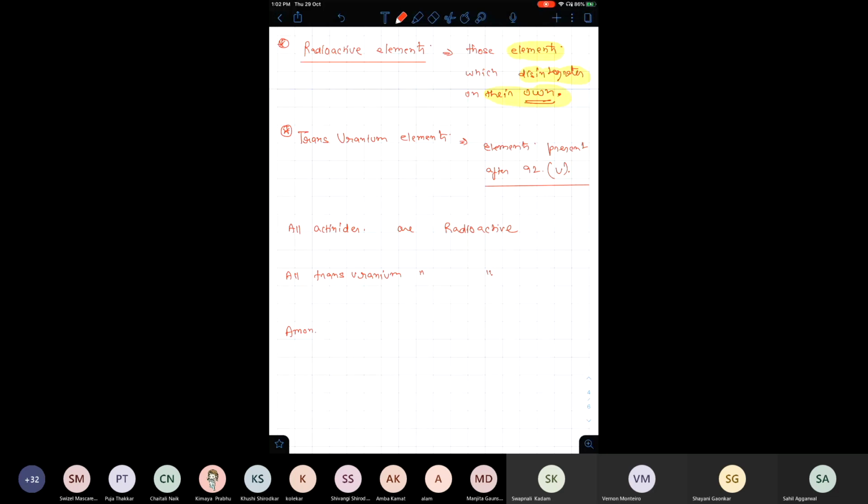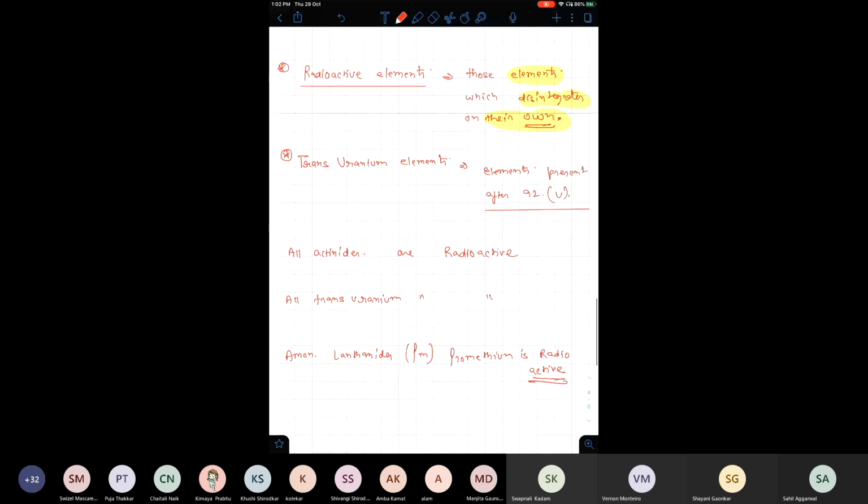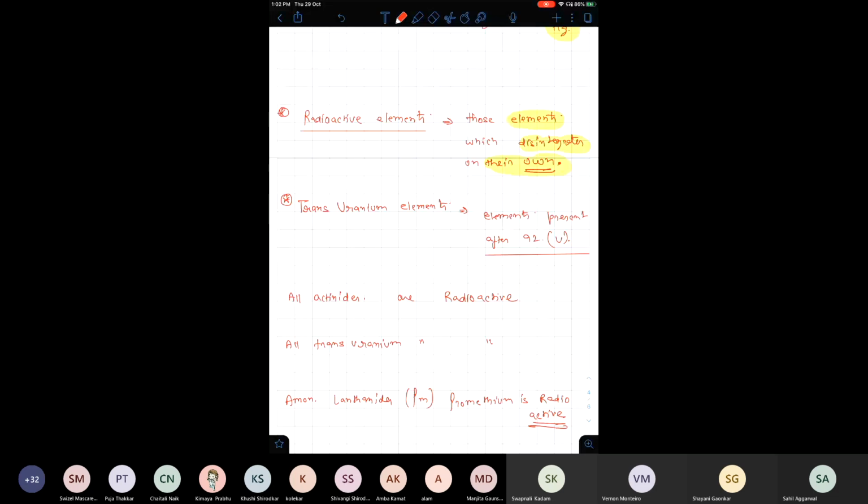Among lanthanides, promethium is radioactive. All of it done?